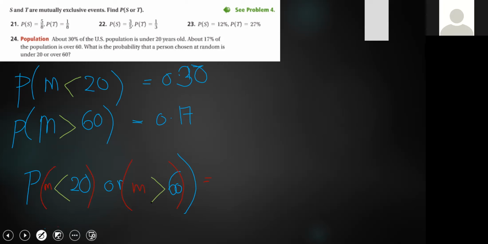So here we have to find the probability that a person is under 20 or greater than 60. Here we have or. So what is the formula of A or B?